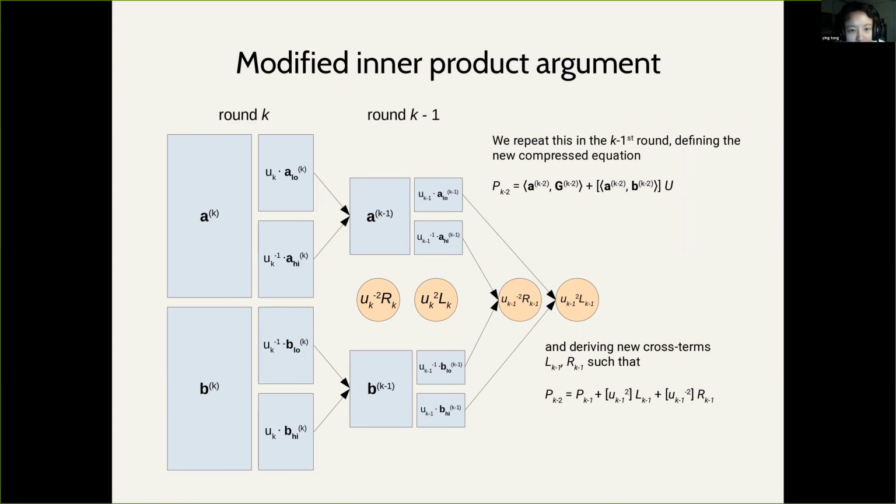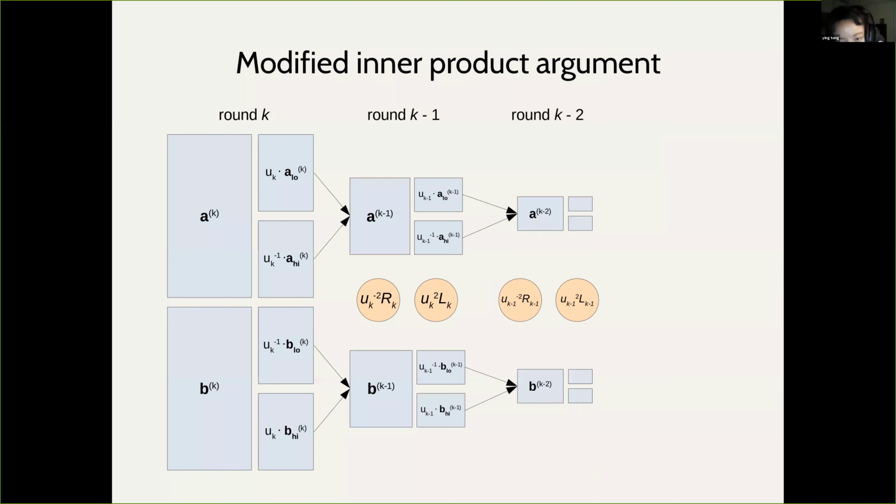We take AK minus 1 and cut it in half again, and we get low and high. Same for B. And then we get a compressed PK minus 2 in terms of these bisected vectors. And once again, we get the cross terms. We see that PK minus 2 is PK plus the cross terms from round K plus our new cross terms from round K minus 1. So we are picking up cross terms from the previous round.